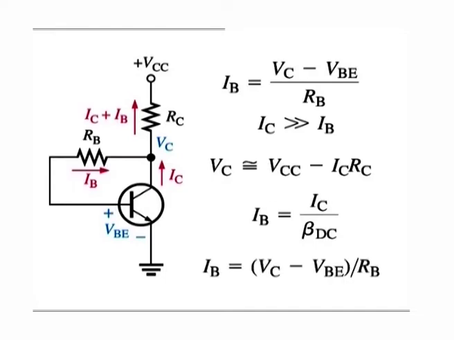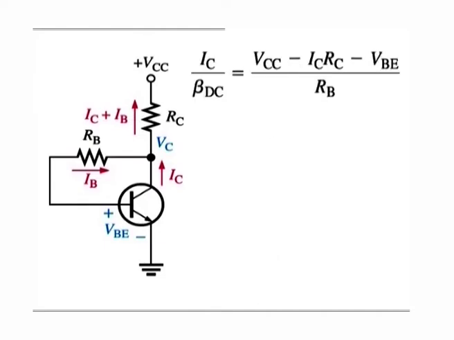Substituting for VC in the equation, IB becomes equal to (VCC minus IC into RC minus VBE) over RB. From here we get IC over beta DC is equal to (VCC minus IC into RC minus VBE) over RB.